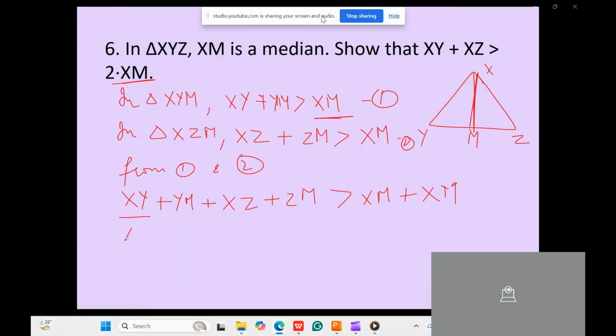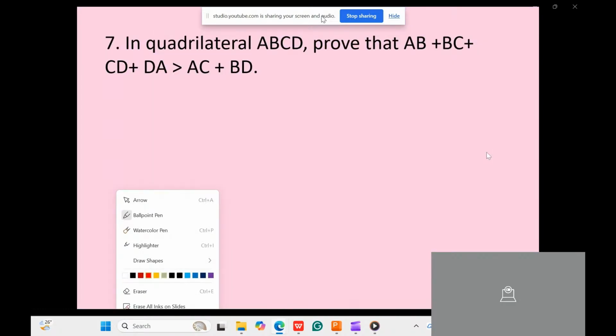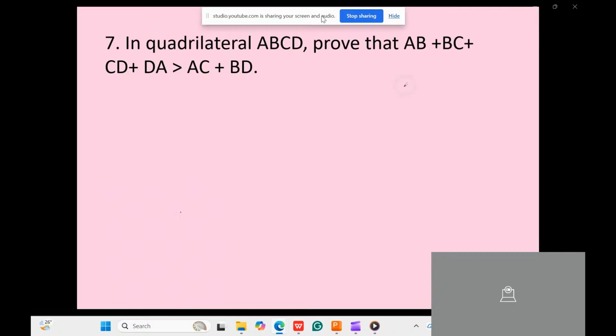So XY will remain as it is, plus XZ will remain as it is. YM and ZM would make YZ together and we have got twice of XM here.